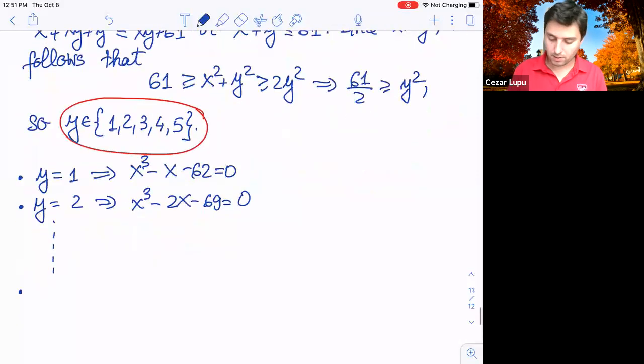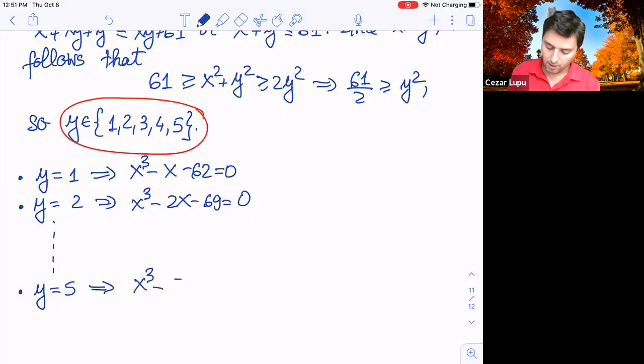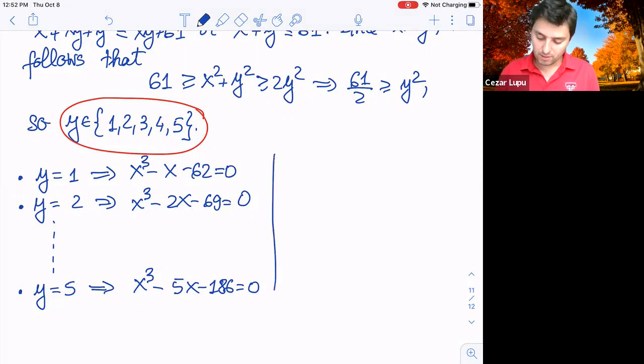I think I've done it here. For y equals 5, we will get something like x cubed minus 5x minus 186 equals 0. And now you will solve each of these equations, each one of them, and I'll leave this to you as an exercise.